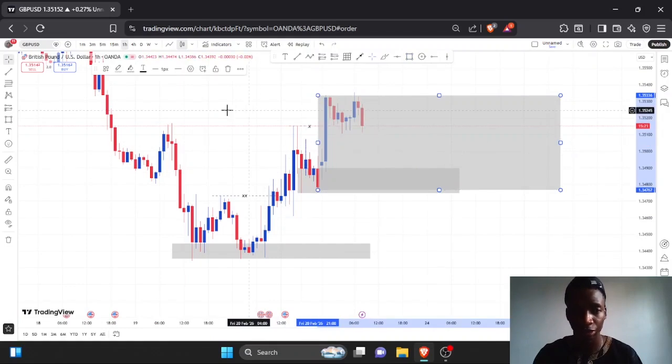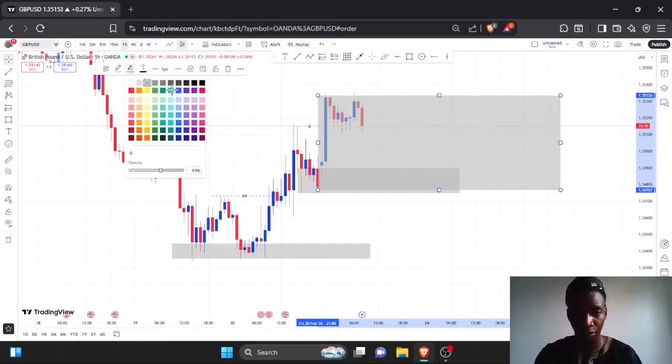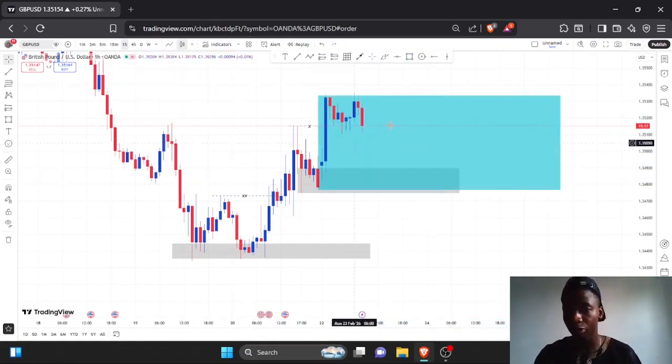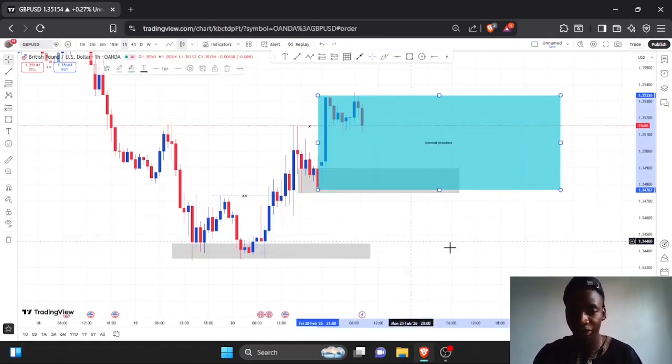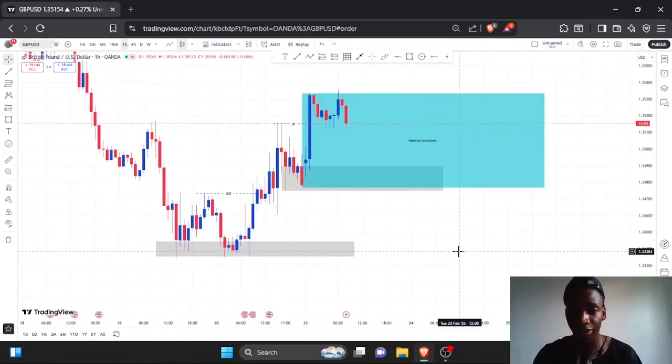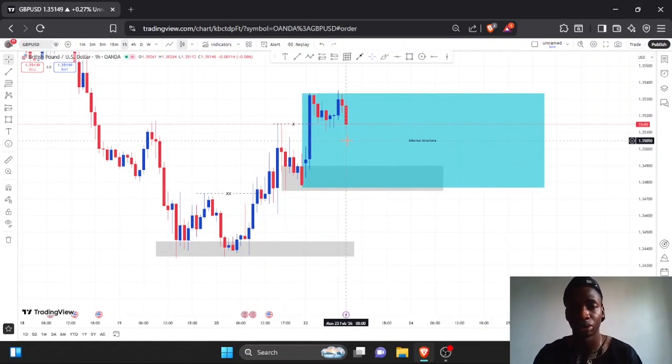The market is free to play. This is what we call the internal structure. Right from the internal structure, we want to be looking for our entry within this internal structure. You guys understand?